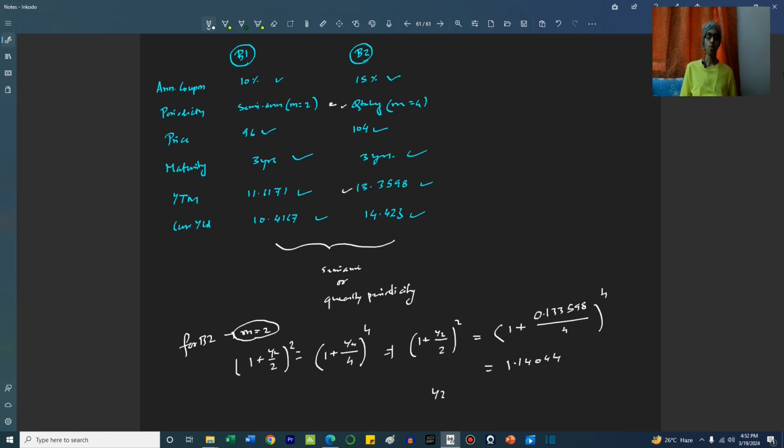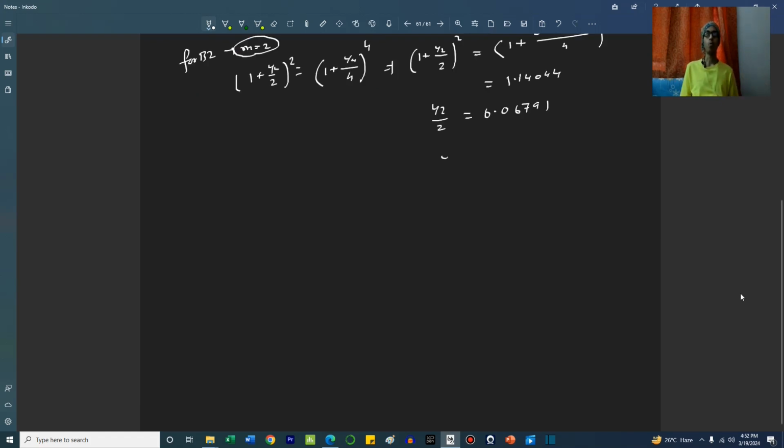Therefore, y2 by 2 comes to be root over of this minus 1, right? 1.14044 root minus 1. This is equal to 0.06791.